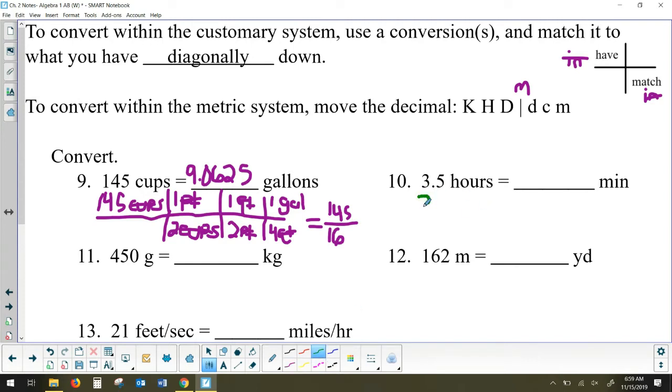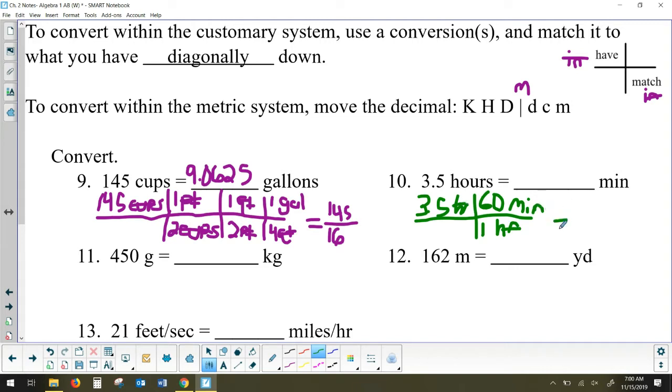Alright, number 10. We do not have these written on your sheet, but you should have the general idea. Right? We're going from hours to minutes. How many minutes is in an hour? We look at our clock. We know that there's 60 minutes in 1 hour. Hours cancel.